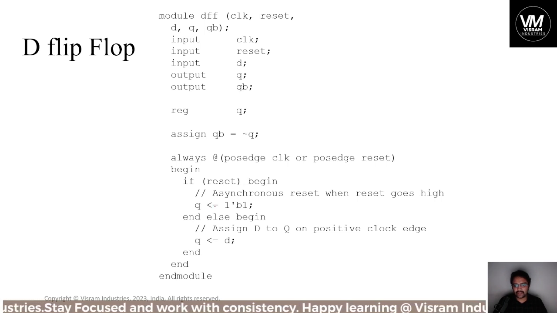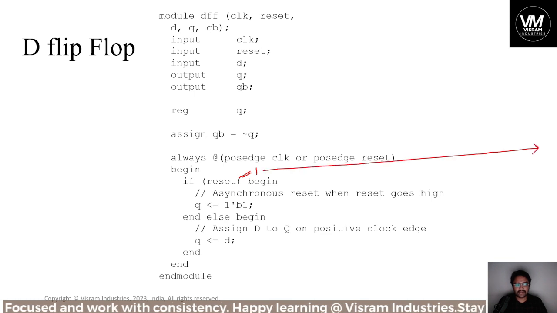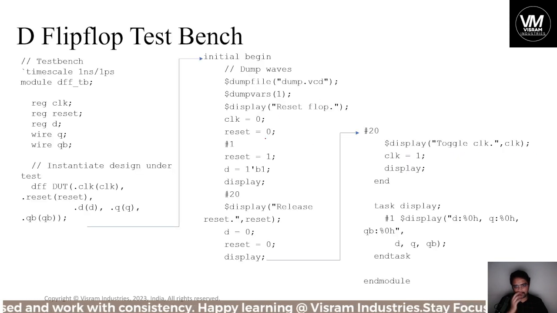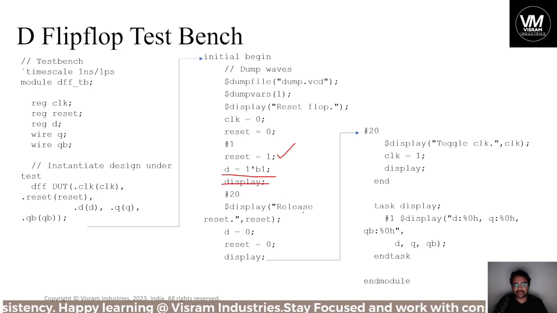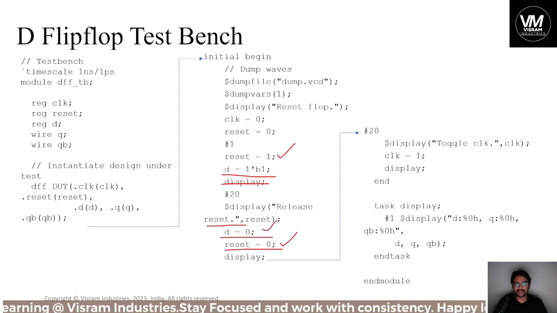Here reset is equal to 1, and that is verified in the initial. After reset is equal to 1, D is equal to 1 bit binary 1. Let us assign a value and display release reset. D is equal to 0 and reset is equal to 0 after that. Then display after 20 nanoseconds.